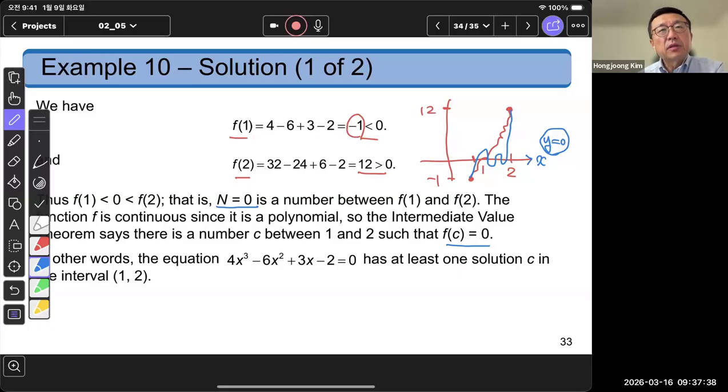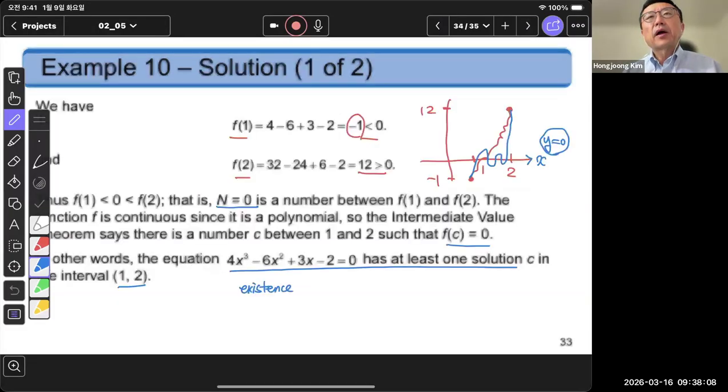So this equation must have at least one solution between 1 and 2. This existence of a solution is proved by the intermediate value theorem. So that is one usage of the intermediate value theorem.